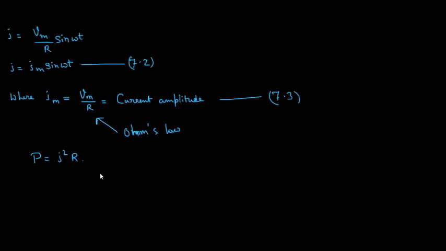So, for the instantaneous power dissipated in the resistor, we can write P is equal to I square R. And putting the value of I from the previous equation, we can write P is equal to Im sine omega t, Im sine omega t, R. So P is equal to Im square R sine square omega t.